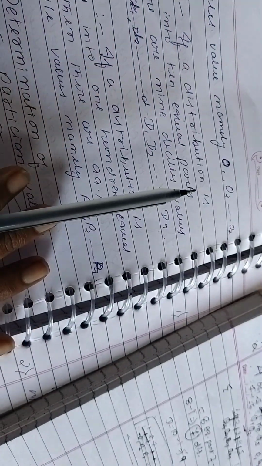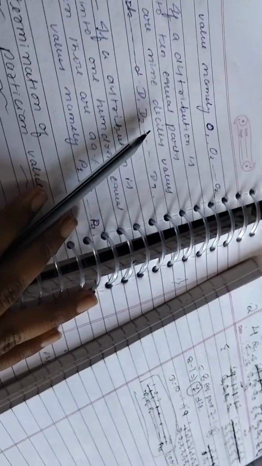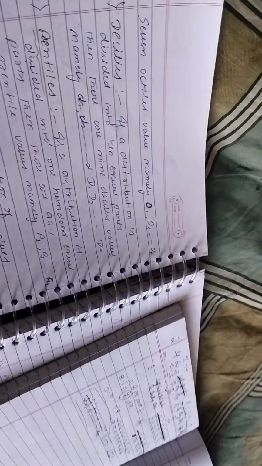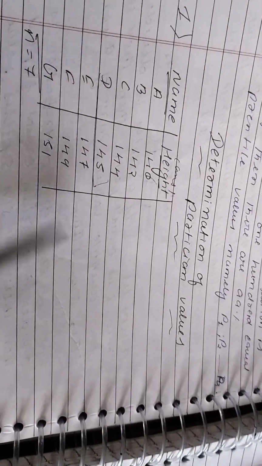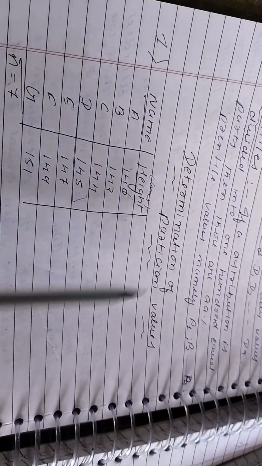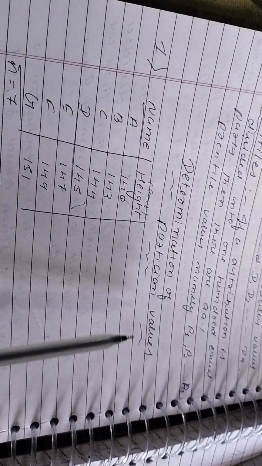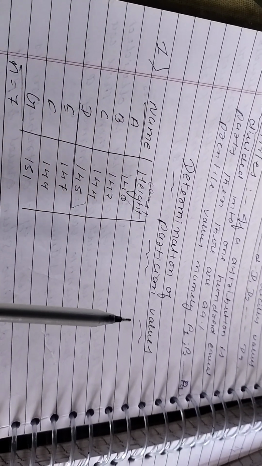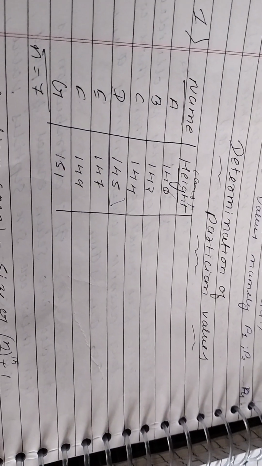So the quantile values are a must, and the other values are also applied, but quantile value is one of the major things. Be sure that your quantile concept is completely understandable, and the graph is in your mind.